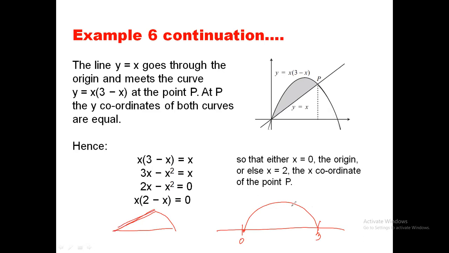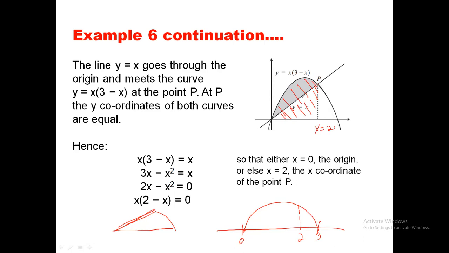Since we're only going until 2 here, instead of integrating from 0 to 3, you will only integrate until 2, because you're only interested in this part here. Of course, it's the area under the curve, only until x equal to 2, minus this particular triangle, which is also until only x equal to 2.